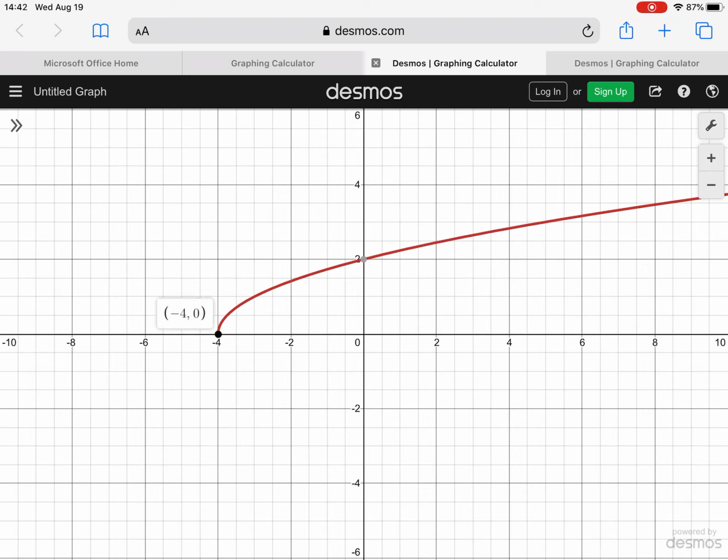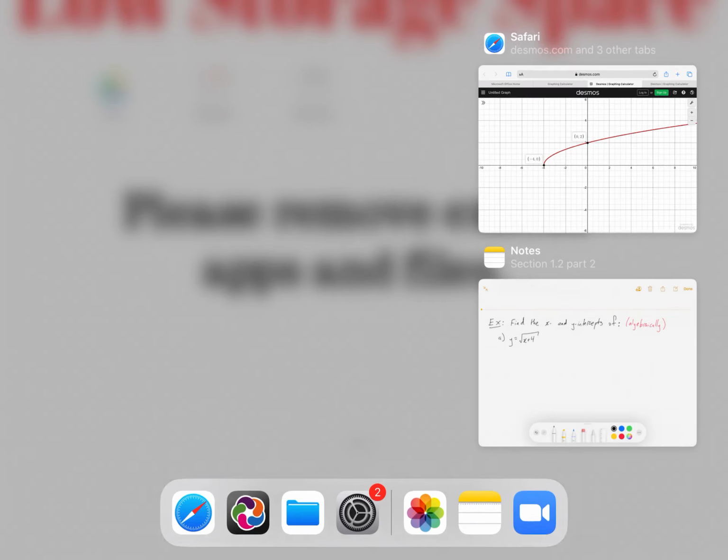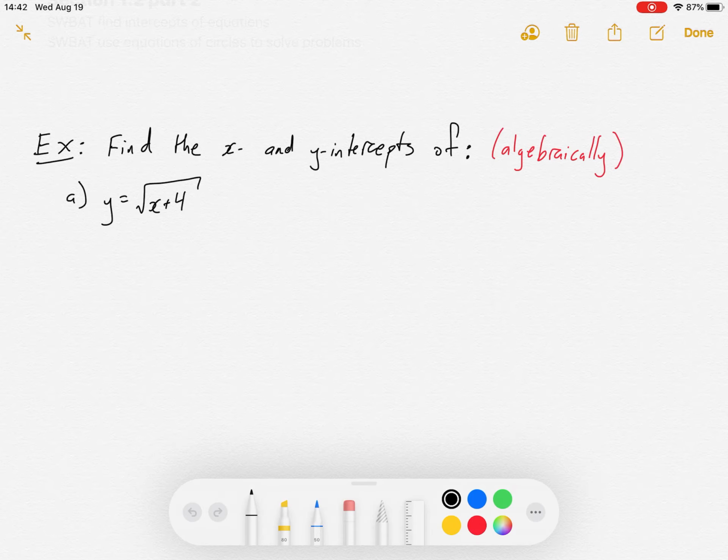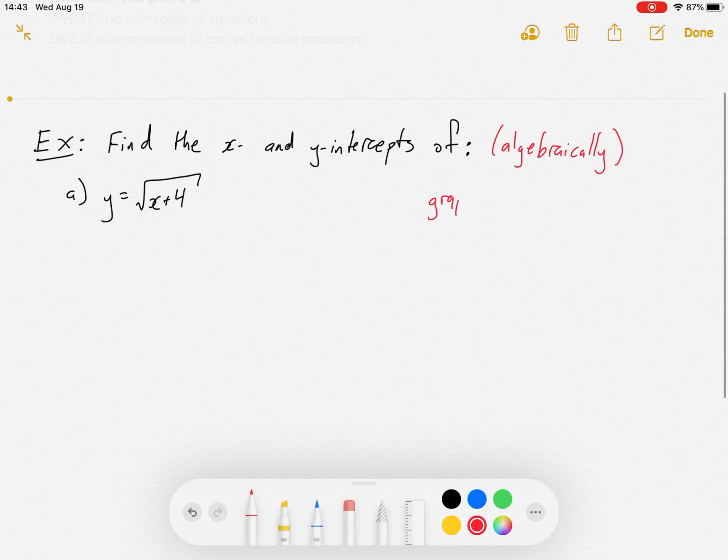I just clicked on that little gray dot, and it tells me what the x-intercept is. And if I want the y-intercept, I click on the other gray dot. And so now I actually know what the x and the y-intercepts are. Pretty cool. So when we're solving this problem, we basically know what our answers are graphically.